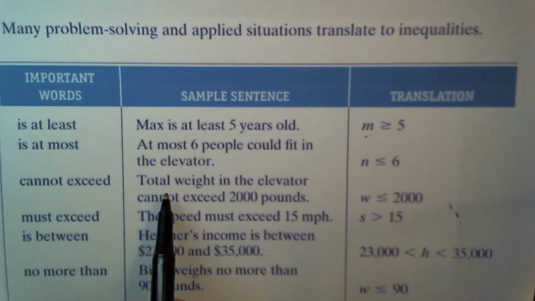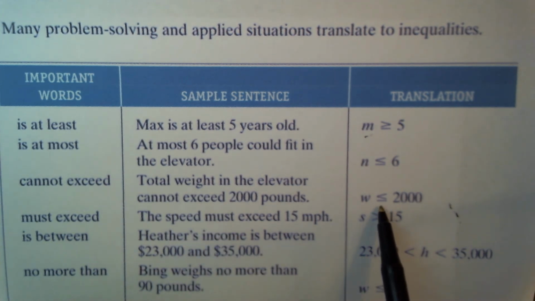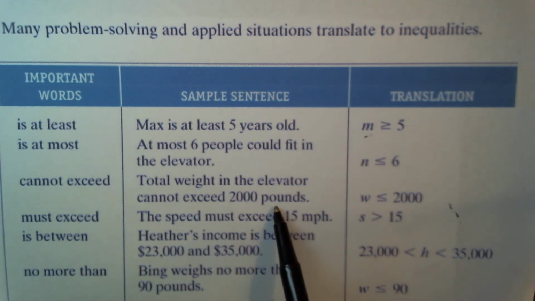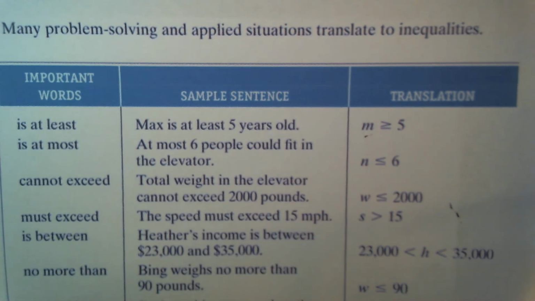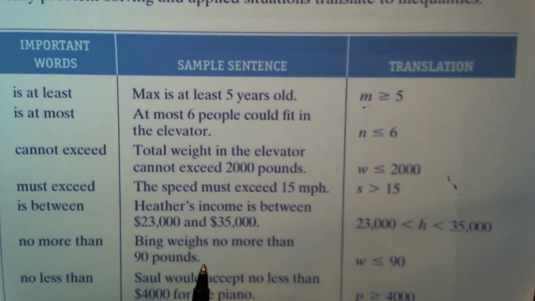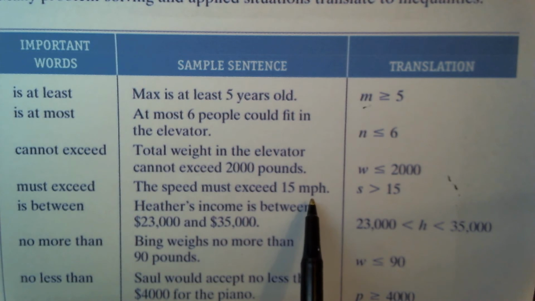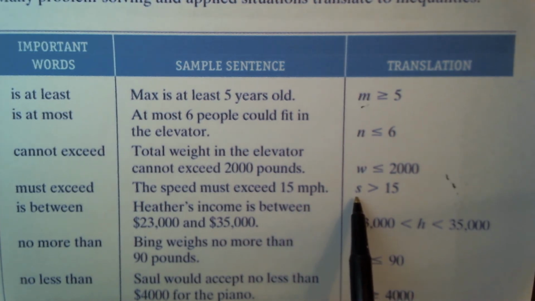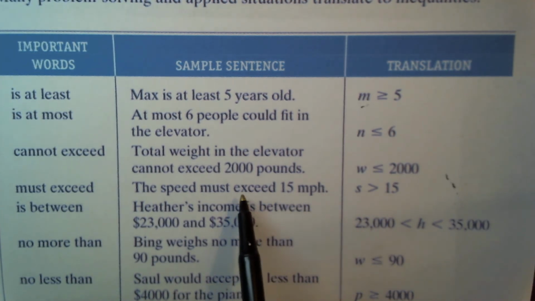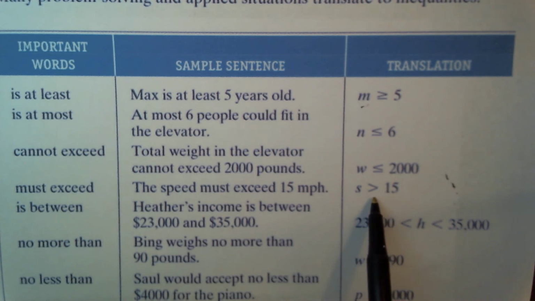Or cannot exceed. So now we're talking about something has to be less than or equal to a certain amount, or in this case weight. Or must exceed. The speed must exceed 15 miles an hour for some reason. And so S is the speed, must be greater than 15 miles per hour.